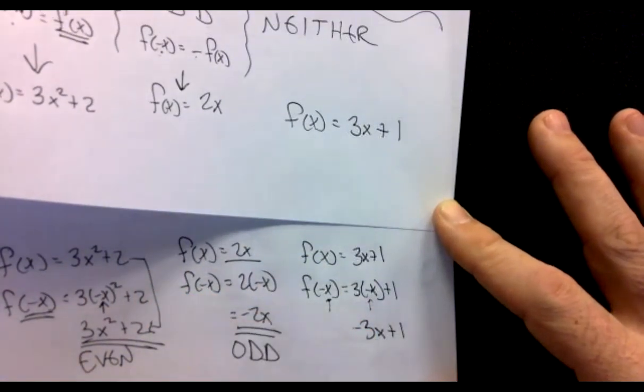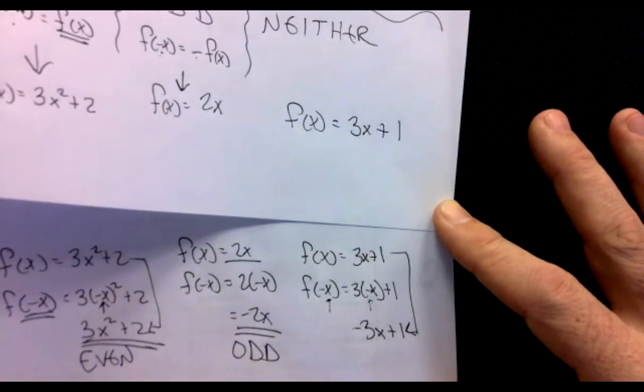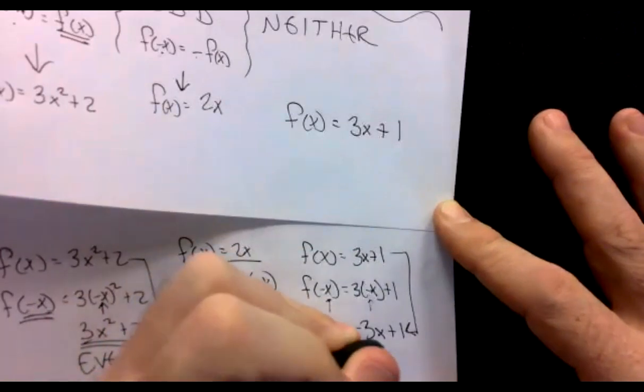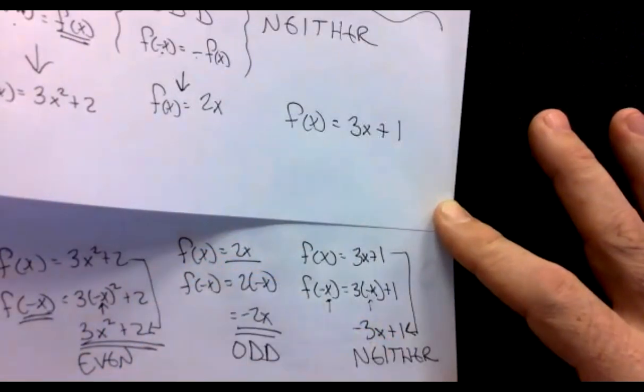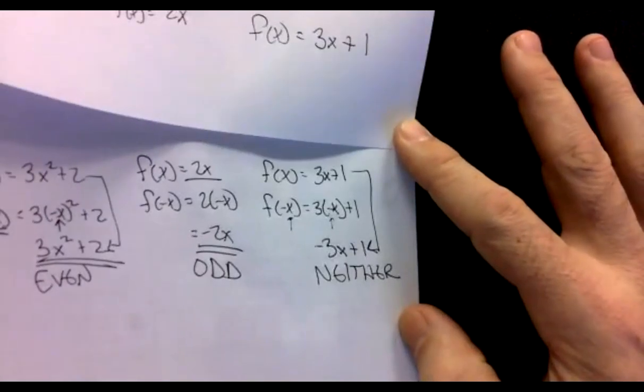Really, neither of those things happened. I didn't end up with the exact same function, which would be positive 3x plus 1, so it's not even. The opposite would be negative 3x minus 1, and I got a negative 3x plus 1. So this is neither even nor odd. This is a neither. It's just a function. It is not even or odd.